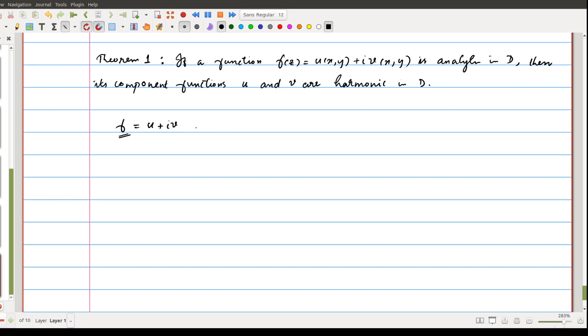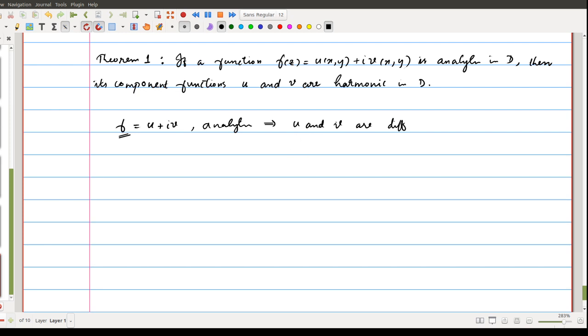That means if f is analytic, it implies u as well as v are differentiable. This was the first theorem we discussed in the beginning of section 1, and from this you can get that all the partial derivatives exist.